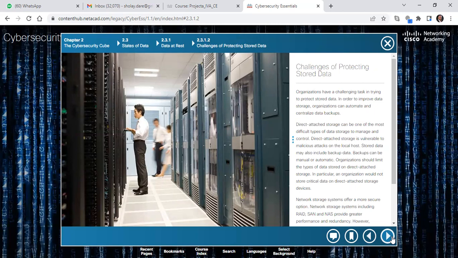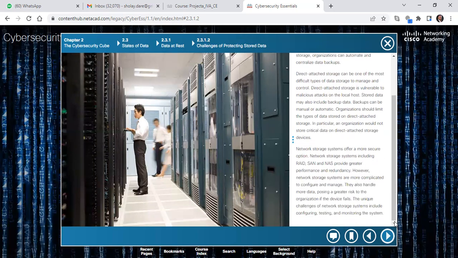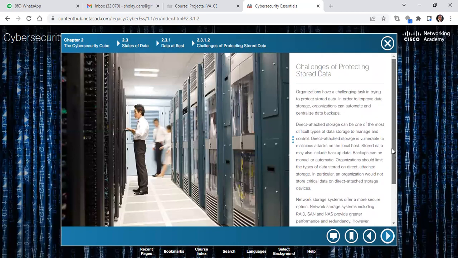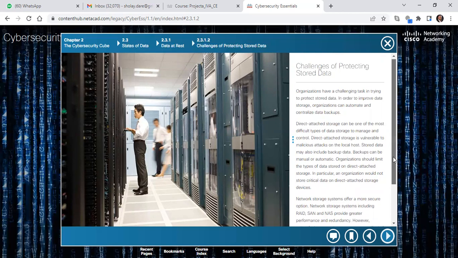You can see how data is stored, the way, when you go to the telecom companies, they store all the data, all your phone calls, all of it goes into storage. Organizations have a challenging task in trying to protect stored data. In order to improve data storage, organizations can automate and centralize data backups.